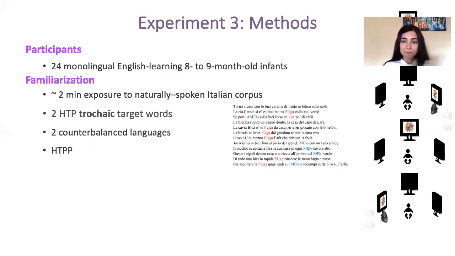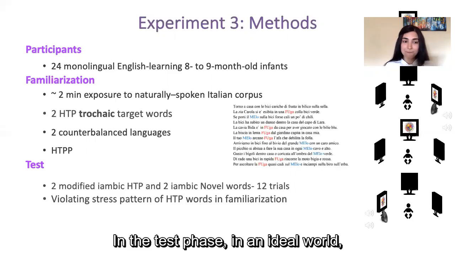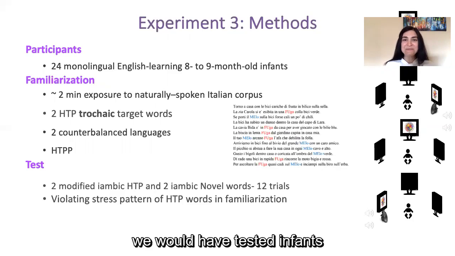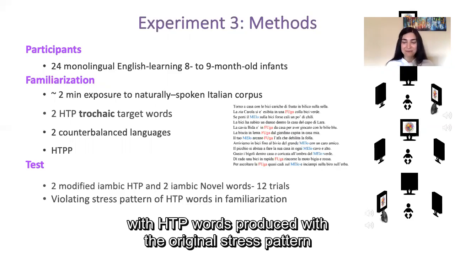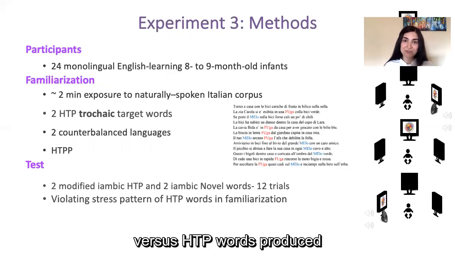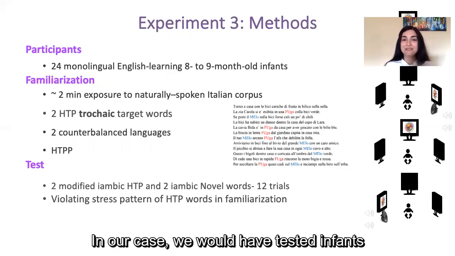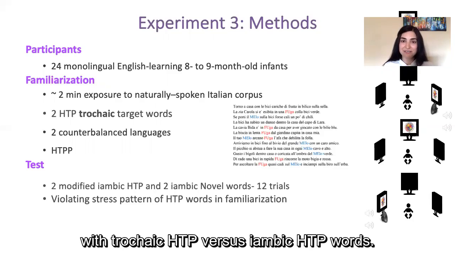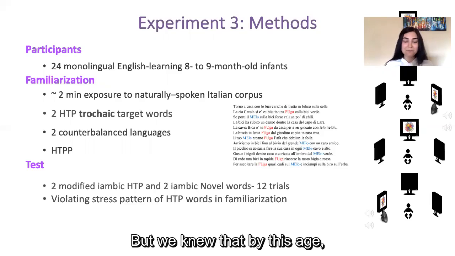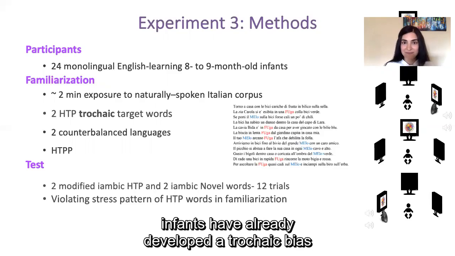In the test phase, in an ideal world, we would have tested infants with HTP words produced with the original stress pattern versus HTP words produced with a violation of stress pattern. In our case, we would have tested infants with trochaic HTP versus iambic HTP words. But we knew that by this age, infants have already developed a trochaic bias.